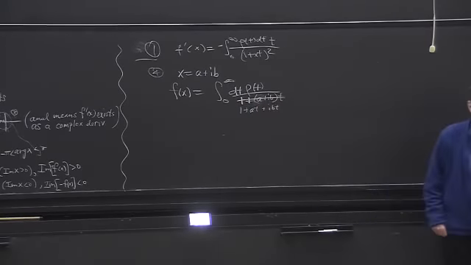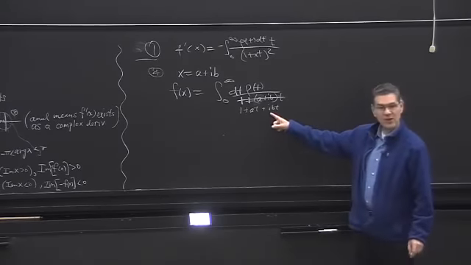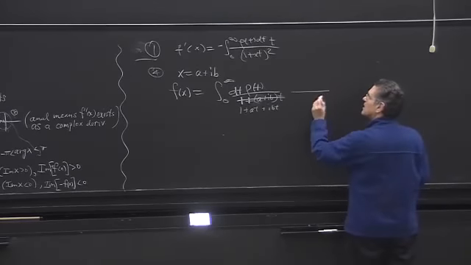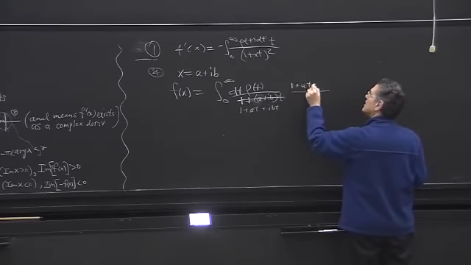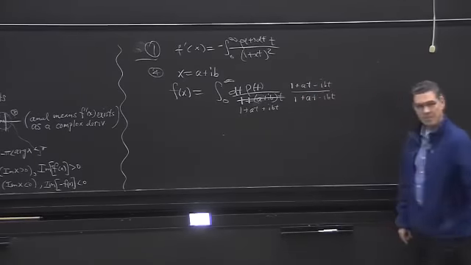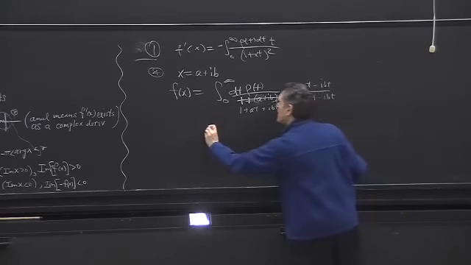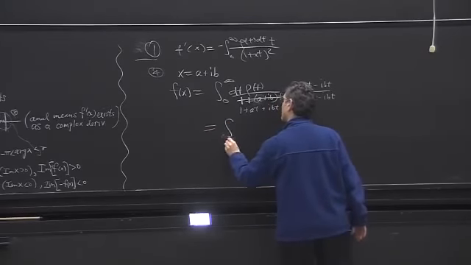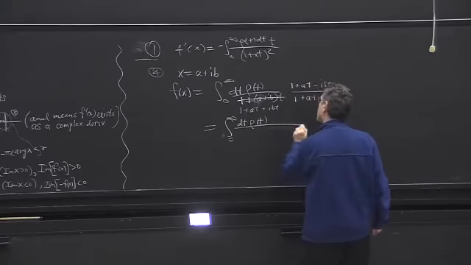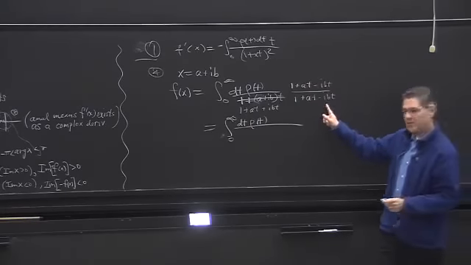Okay? Now, let's multiply the numerator and the denominator by the complex conjugate of that number. So let's multiply by 1 plus at minus ibt. Okay? And in the denominator, the denominator is nice and simple.